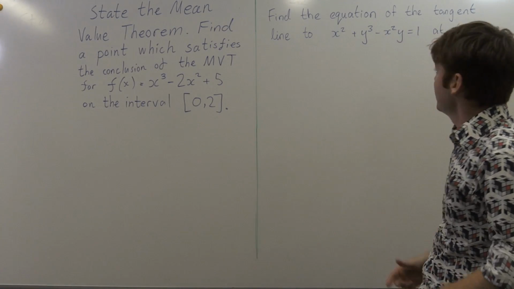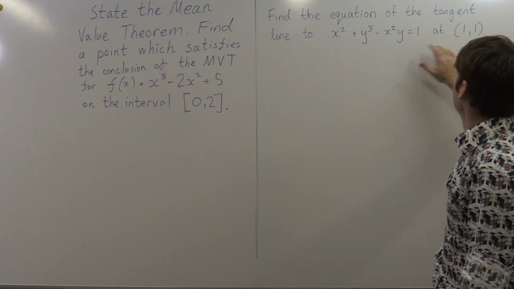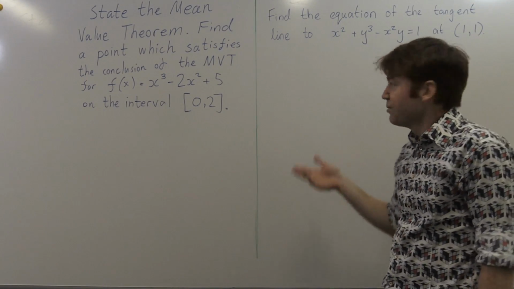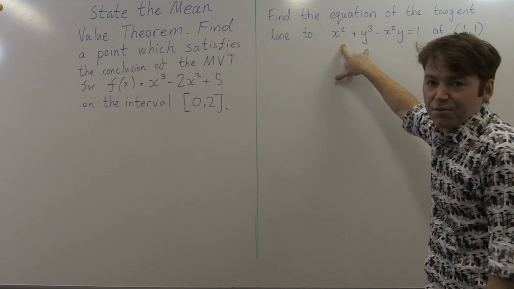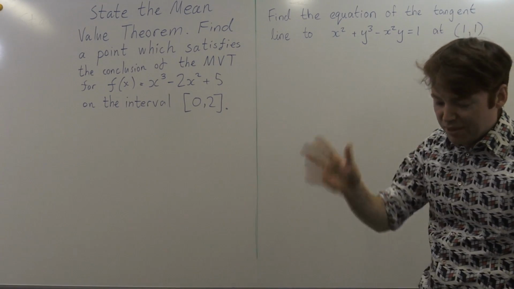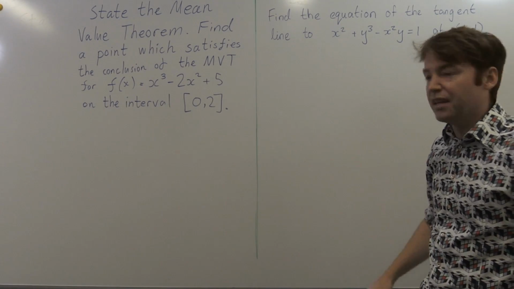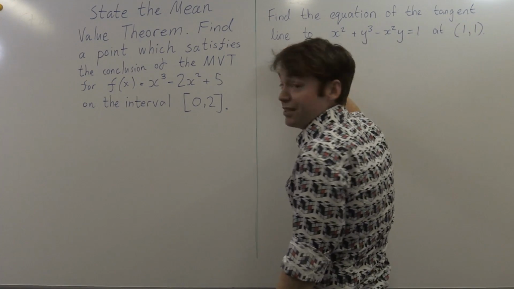First question. Find the equation of the tangent line to this curve at this point. Now, the last thing you want to do with a question like this is to actually draw this curve. Do not attempt to draw the curve, just apply the formula for the tangent line to a curve at a point, which is this.